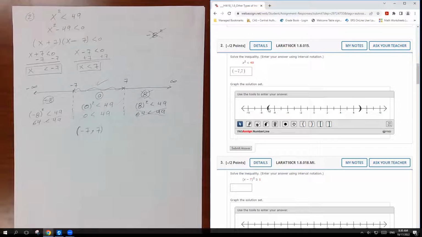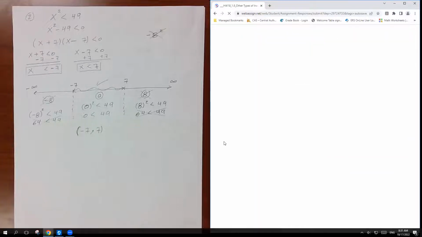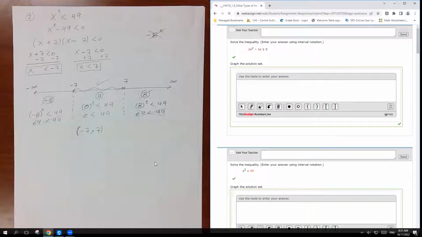I'm going to put a line between these two, just like this. You're going to draw the line between these to show this is the solution between negative 7 and 7. That's it for this example.